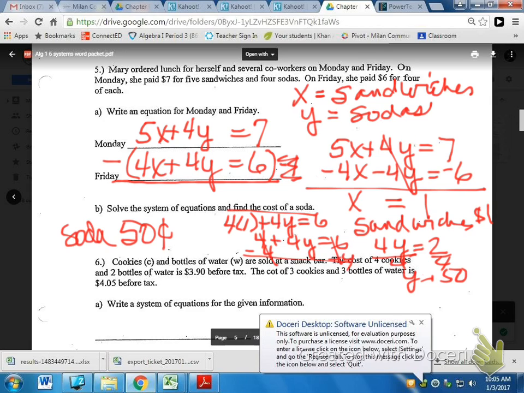I kind of steered clear of that because I know through the years that I've taught that way, if there's any negatives in that bottom equation, kids mess it up because negatives mess things up. But that is an option, that you can subtract the equations and not just add them. I just like to do it that way because it seems like there's less errors. But you could definitely do it that way.